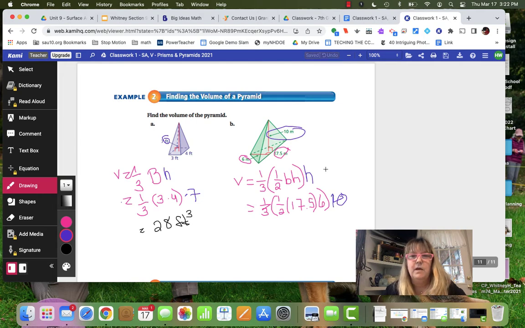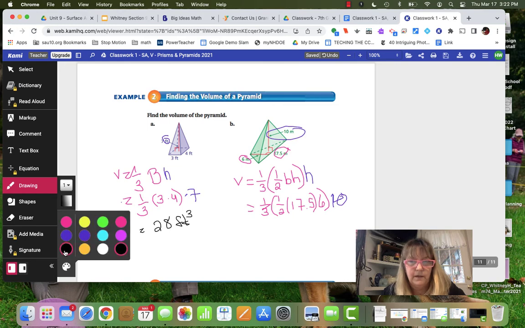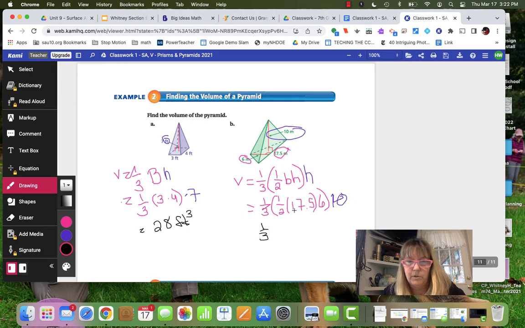That's a 10. All right, so now when I multiply everything all together, I end up with 1/3. And I multiply these two together, which is really 52 and 5/10. Okay.